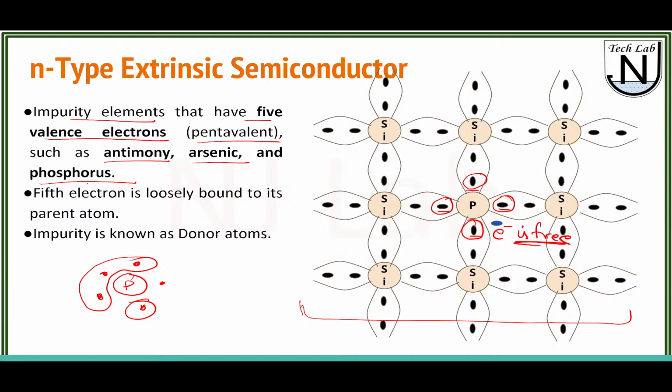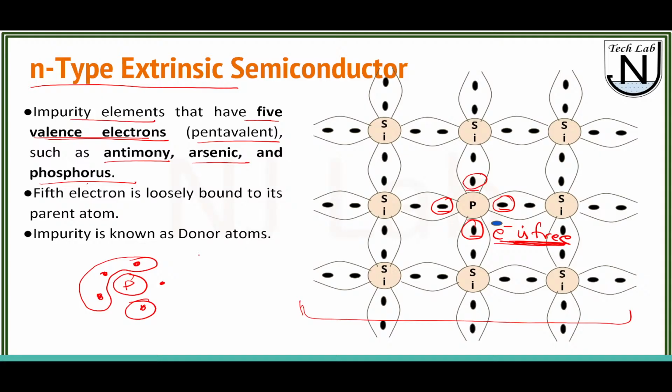And we already know that if we have electrons in the conduction band, it means current will flow, right? So over here, to form n-type extrinsic material, we have seen that simply by adding an element having 5 valence electrons, we are able to get one free electron for each impurity element.